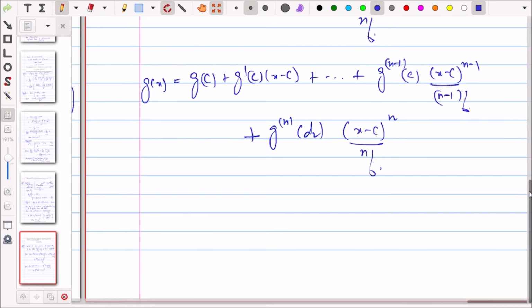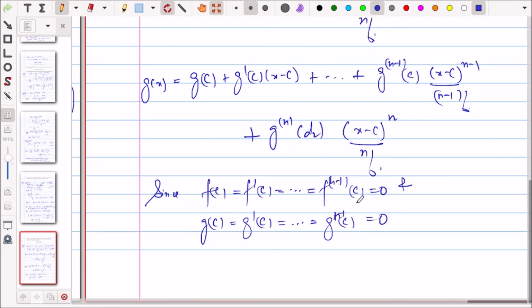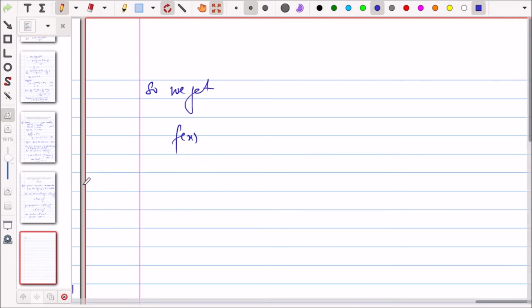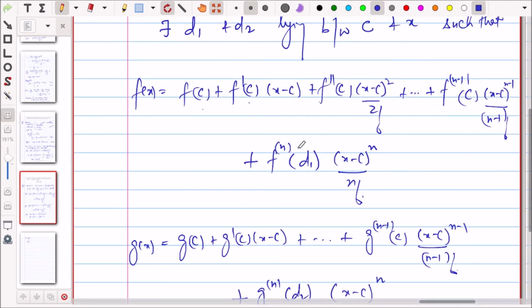So since f(c) is equal to f dash c equal to f^(n-1)(c) is equal to 0, and g(c) equal to g dash c equal to g^(n-1)(c) is equal to 0, as given to us, all these terms are 0, so we will be only left with the remainder.